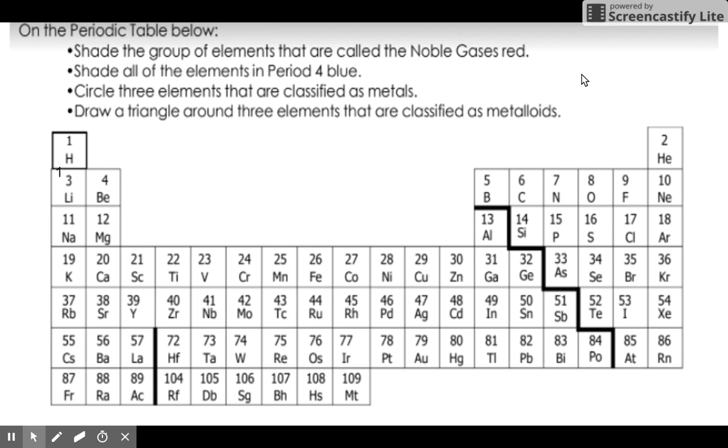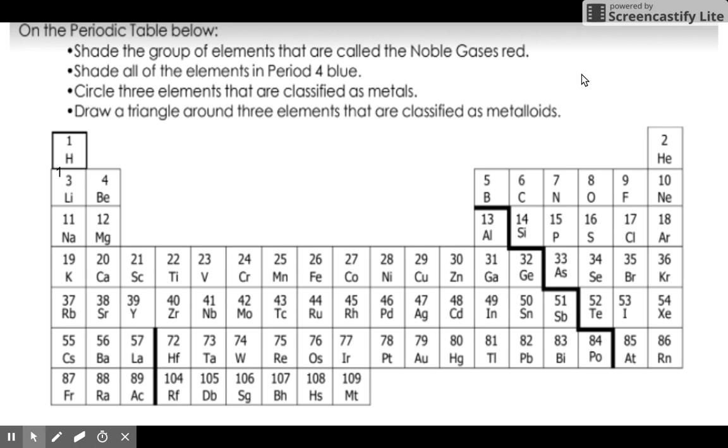They're happy and stable, and they don't need another element to make them happy. Shade all of the elements in period 4 blue. So you're going to look for period 4 and shade that period all the way across blue.